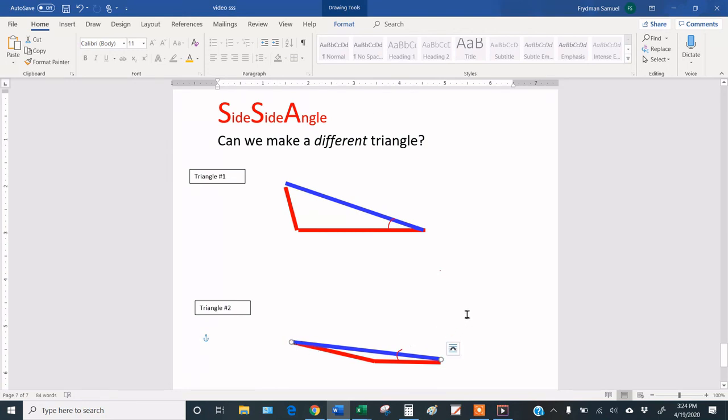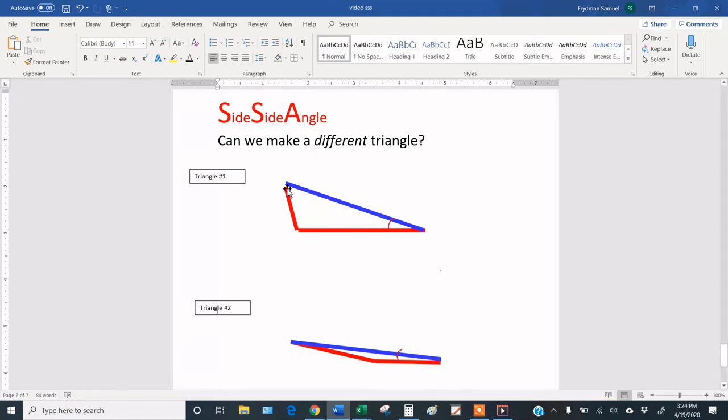Is that okay, what I just did? Well, the answer again is no, because by doing that, I changed this angle over here. The angle used to be this big. I just made it smaller. The rotation between these two lines is now less than what it was originally.